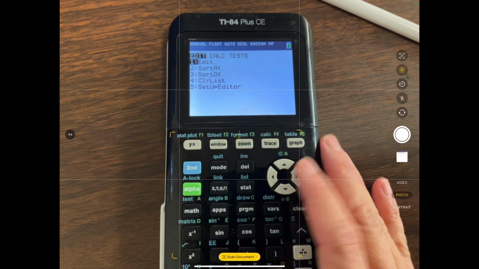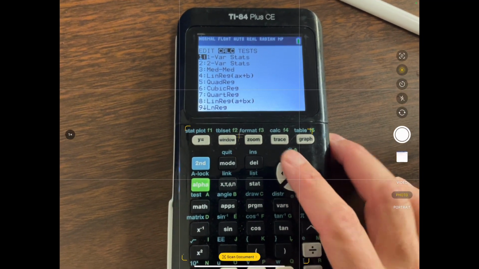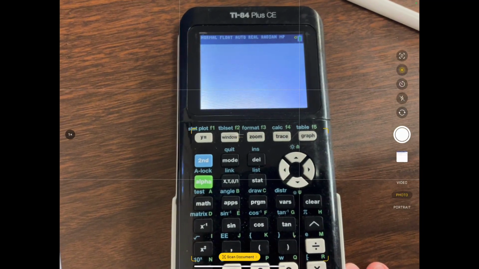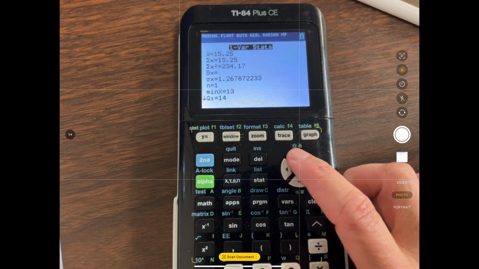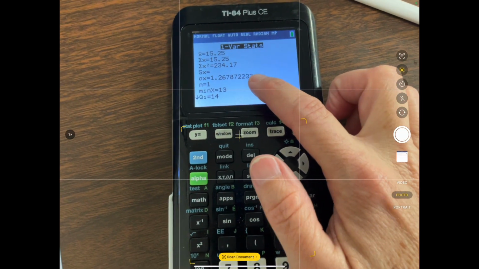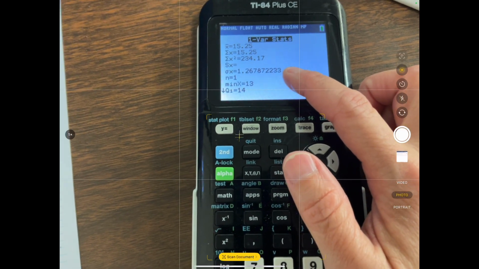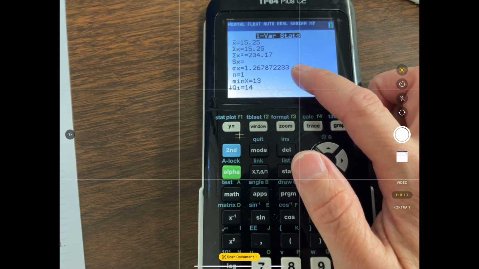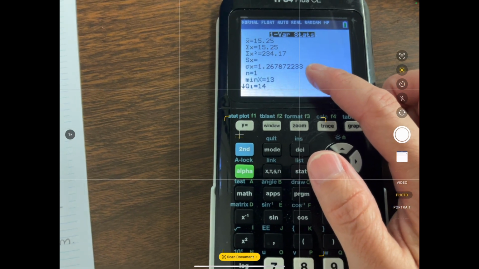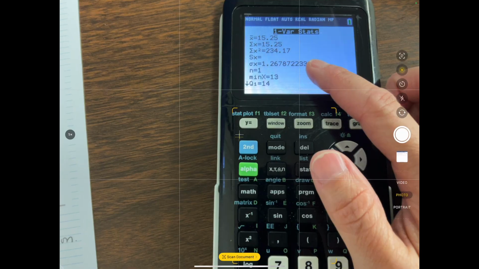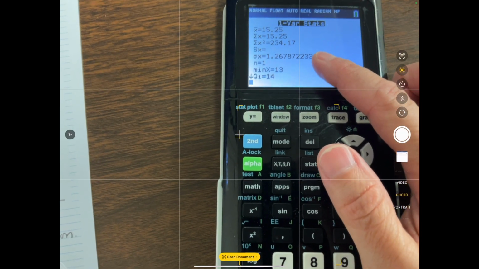I would go with your stat calc, your one variable stats, calculate it, produce that standard deviation, because that standard deviation is correct, 1.267872223. Take that, square it, and it will give you your variance.